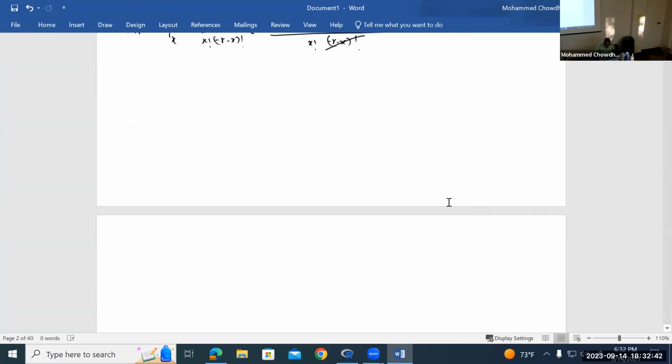Now I want to show you how the negative binomial will have a mean equal to RQ over P. I will just show the mean. I'm not going to show the variance. There is a format we have to develop in order to find this mean inside the mathematical model, and after deriving that, we will go for the regression model.